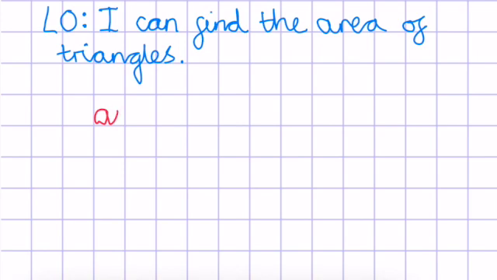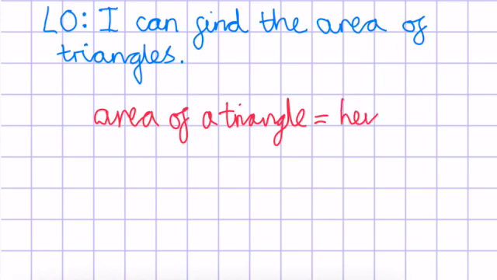So area of a triangle equals height times base divided by 2. And I'm going to put brackets around this here. So area of a triangle equals height times base divided by 2.